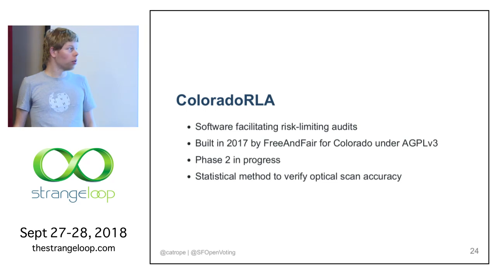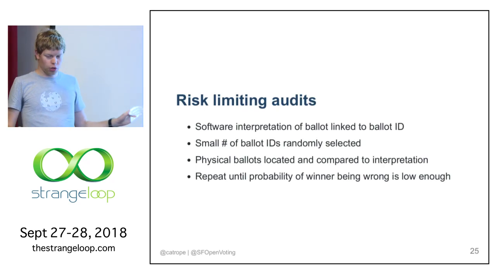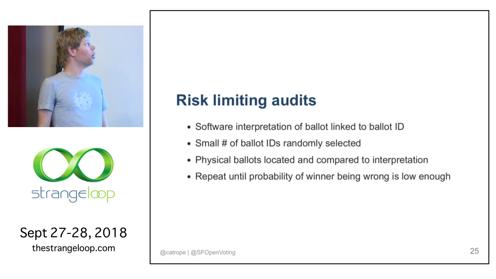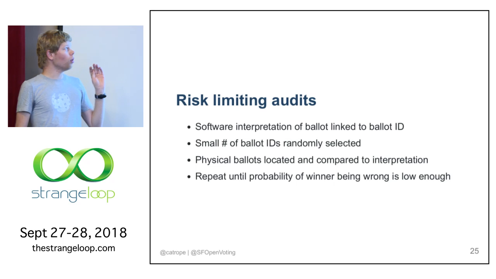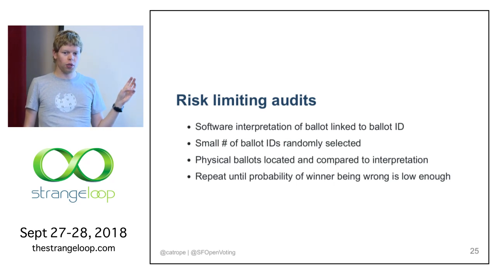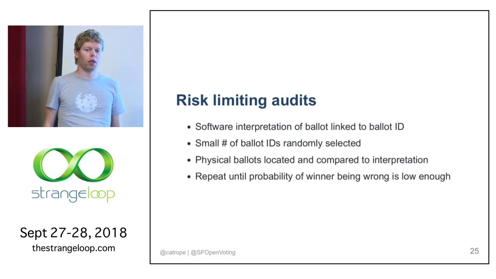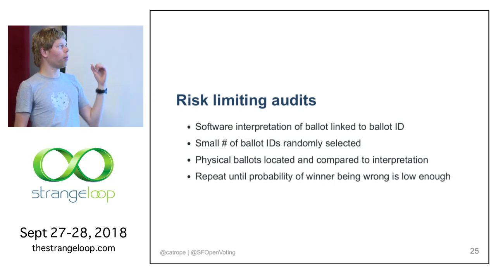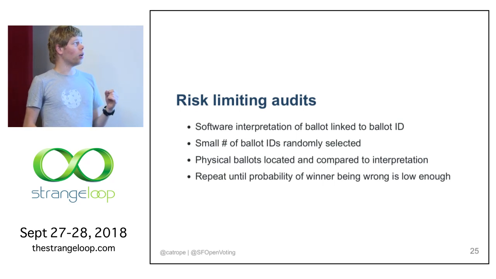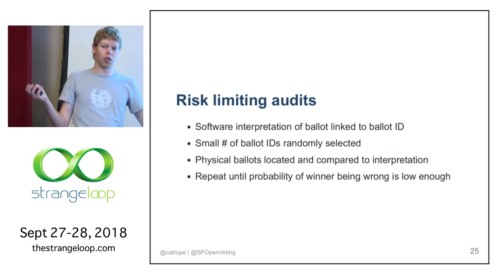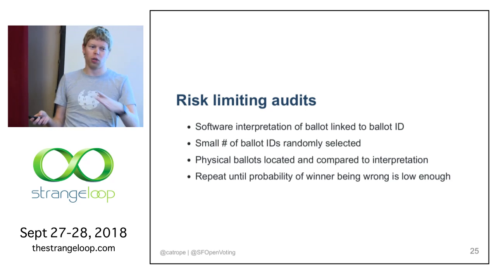result is right. So the way this works, real quick, is that you get your software to interpret your ballots. You assign an ID to every ballot, and you link the software's interpretation of the ballot to the ballot ID. Then you have a giant database of this ballot ID is a vote for this person.